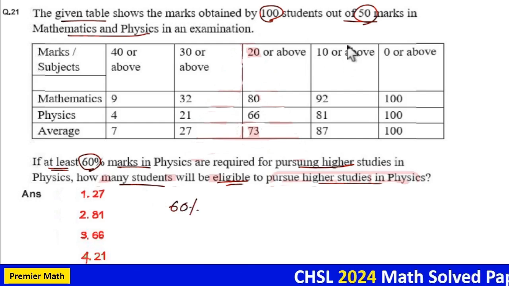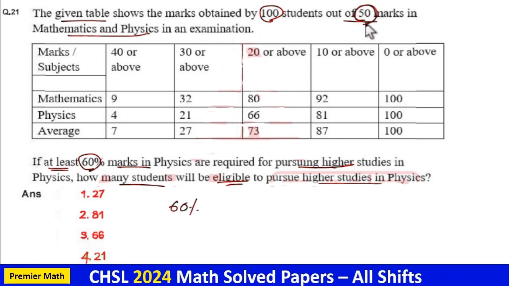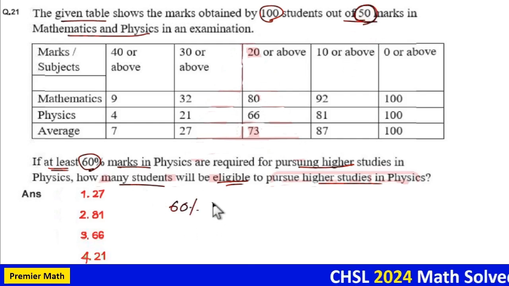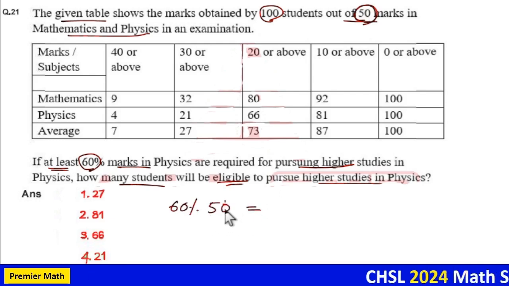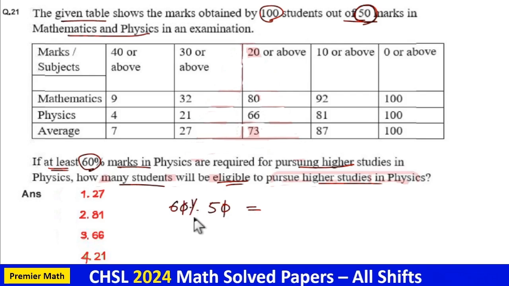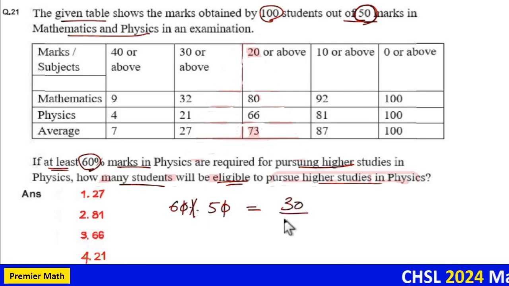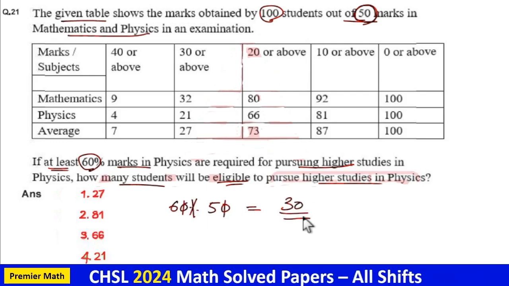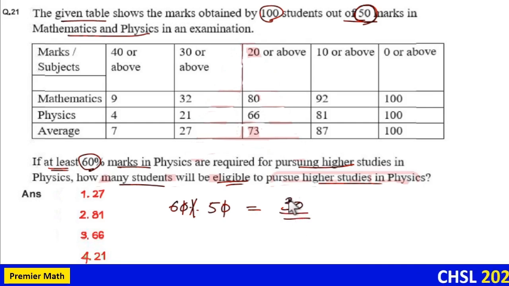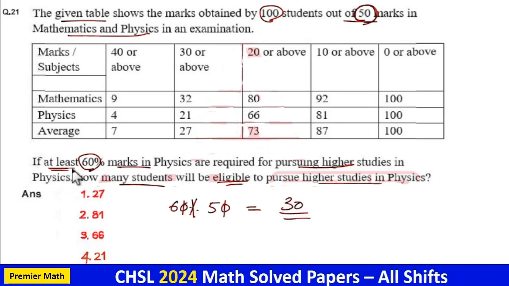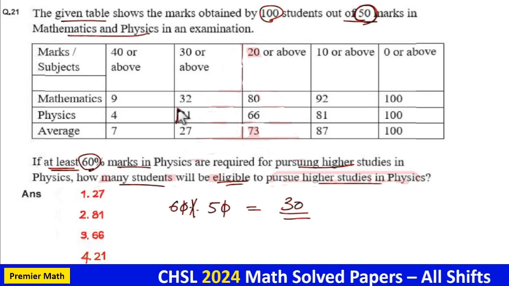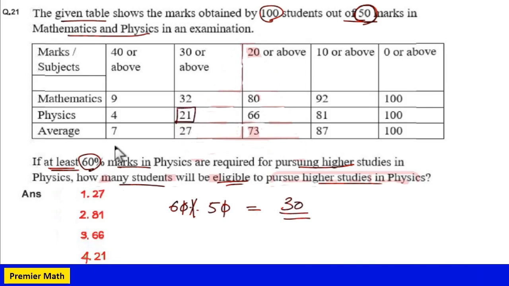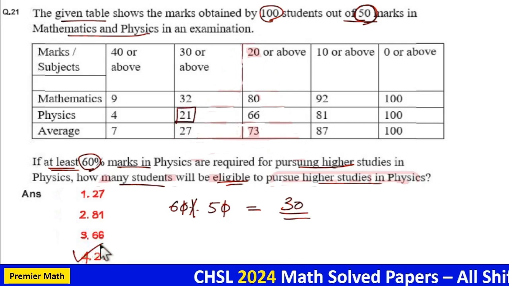Total marks in the exam is 50, so 60% of 50 is required, which is equal to 30 marks. So we need 30 or above marks to pursue physics in higher studies. If you look at this, 30 or above is equal to 21 people in physics. So option 4 is your answer.